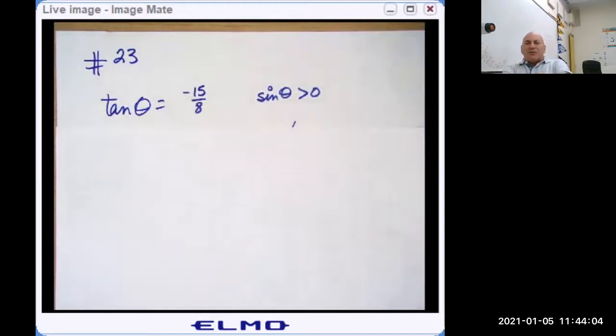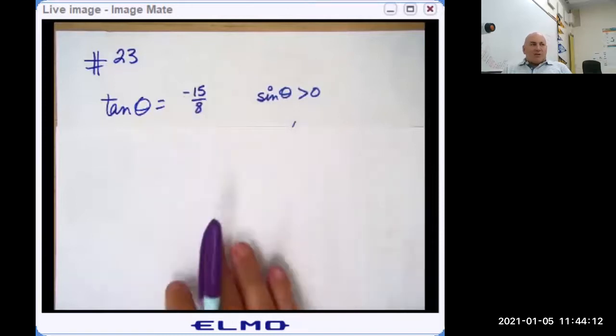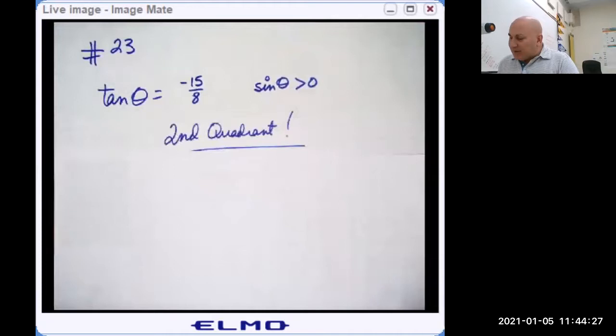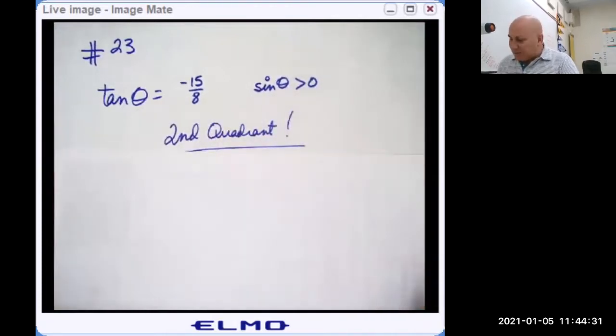That would be the first and the second quadrant. So is tangent positive or negative in the first or the second quadrant? It turns out it's negative in the second quadrant because it's y over x. Y and x are both positive in the first quadrant, but y is positive and x is negative in the second. So it's a second quadrant angle. Aha, so we're narrowing this down.